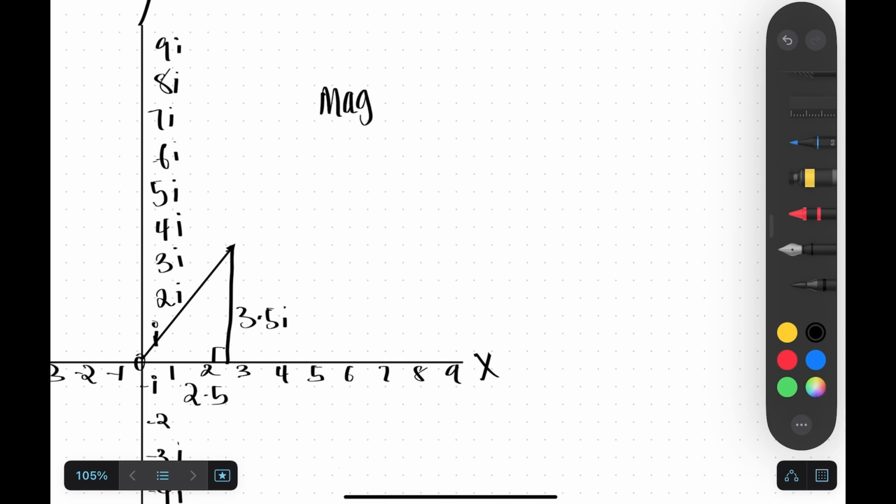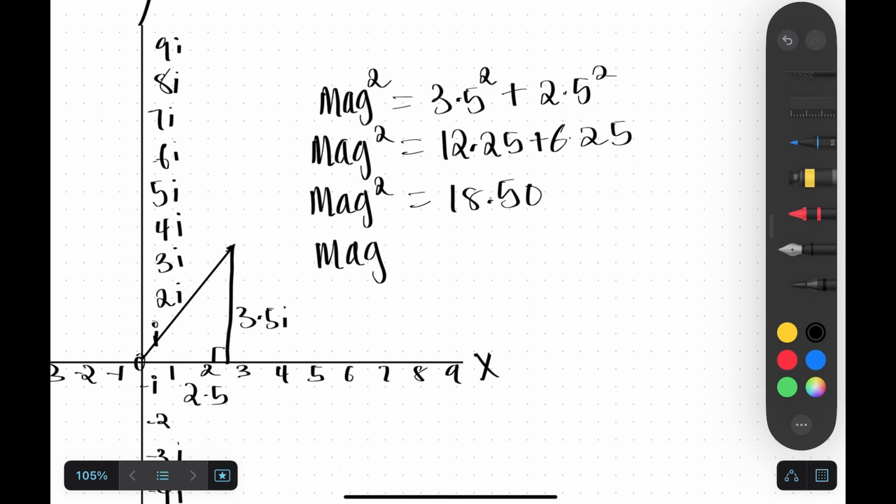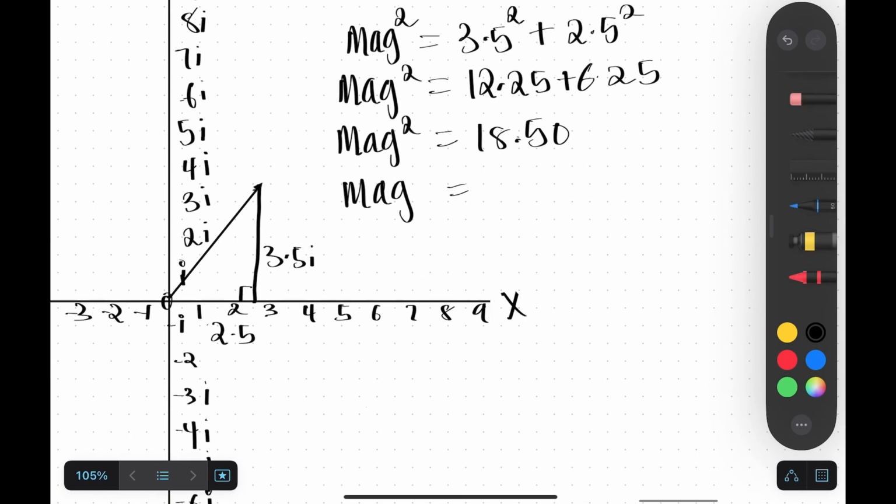Using the Pythagorean theorem, the magnitude squared is equal to 3.5 squared plus 2.5 squared, which is 12.25 plus 6.25, and eventually we have that the magnitude is approximately 4.3.